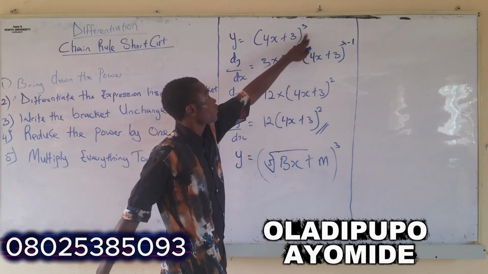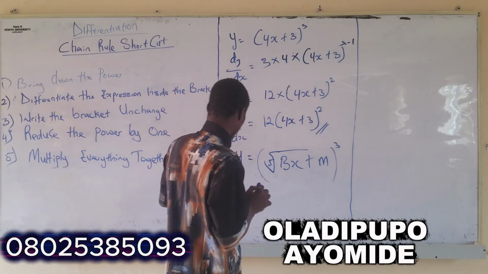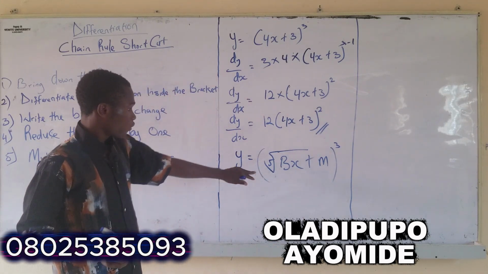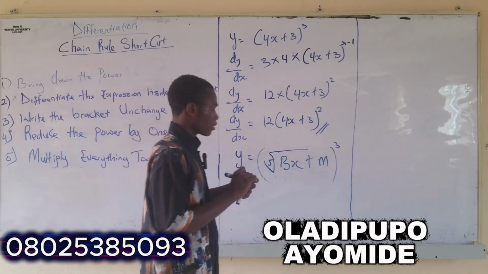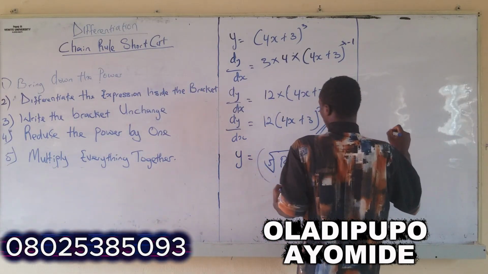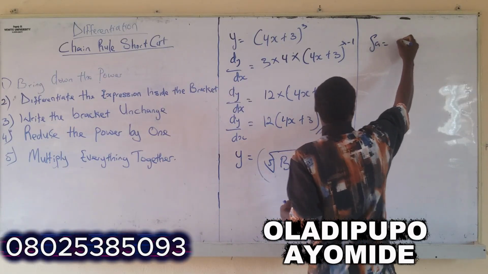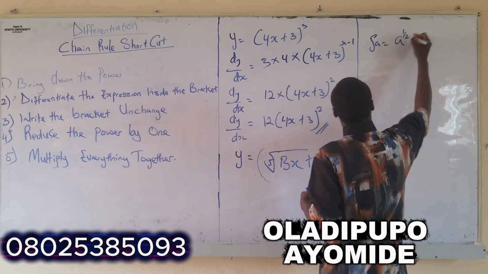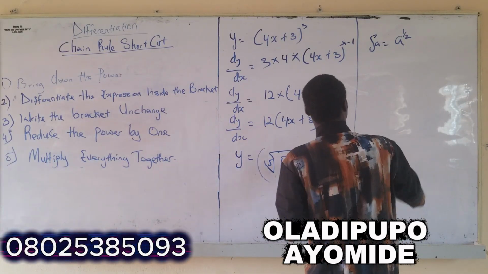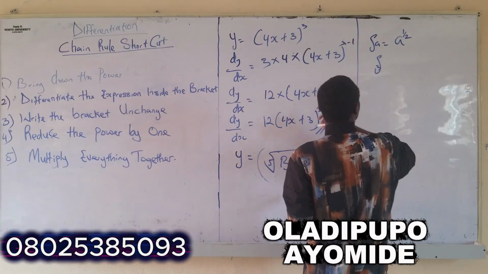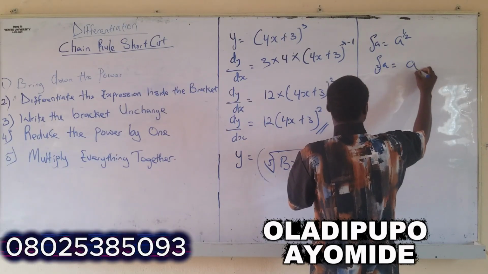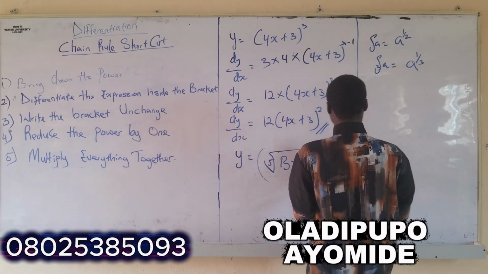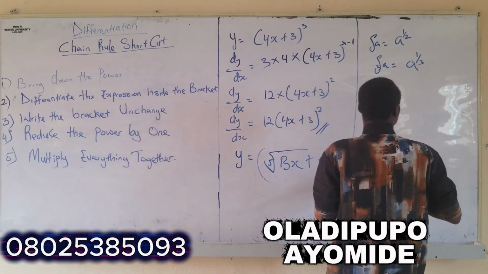For us to make these questions in the form of index, we have to apply the law of indices, which is: square root of a becomes a raised to power 1/2, and cube root of a, or third root of a, is the same thing as a raised to power 1/3.